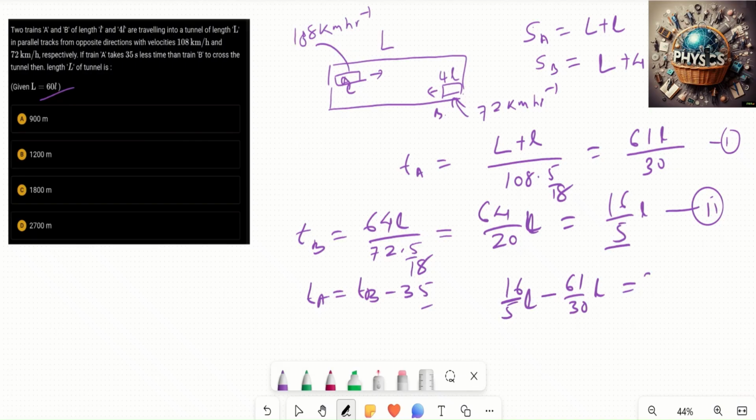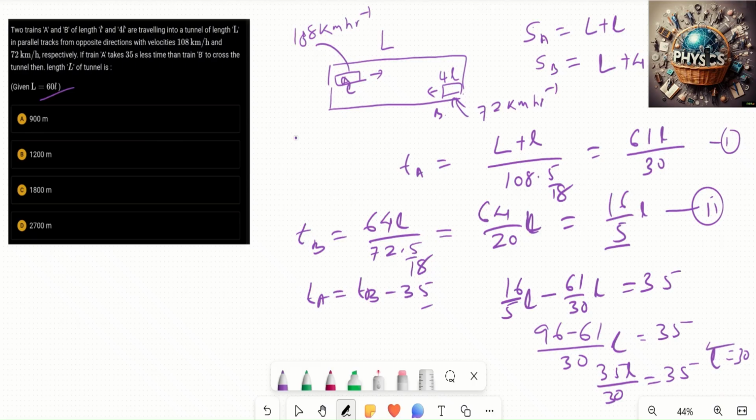If I calculate this, it gives 96 minus 61 by 30 l equal to 35, so 35 l by 30 is equal to 35, or small l is equal to 30.